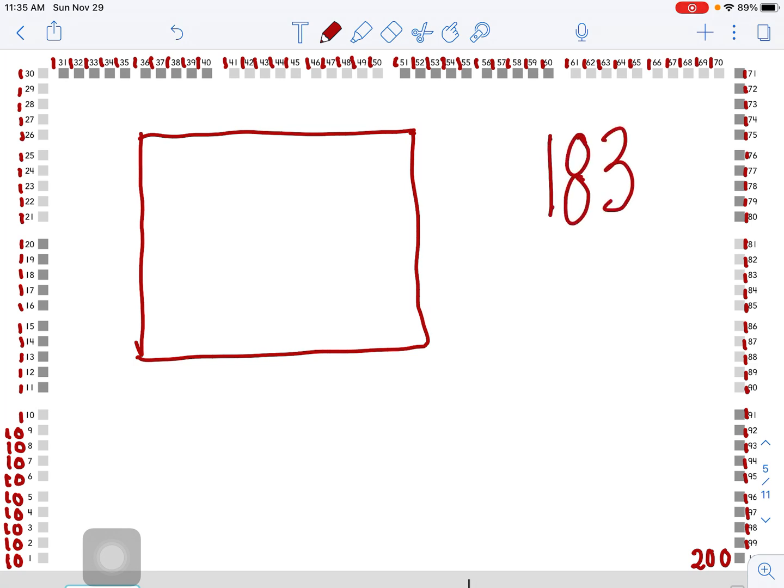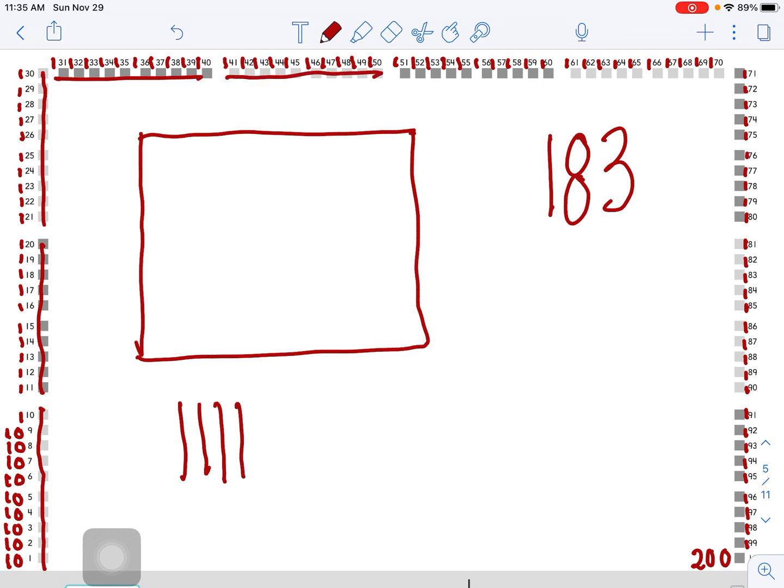183. So we have our 100, 110, 120, 130, 140, 150. Remember, this is where we leave a little space so it's easy for us to see that we have 150.